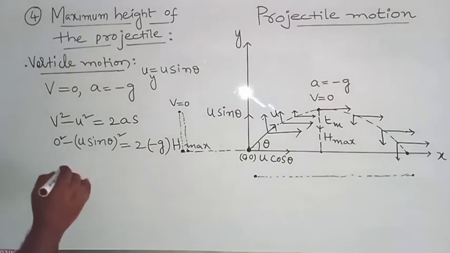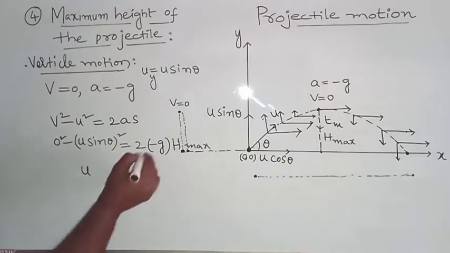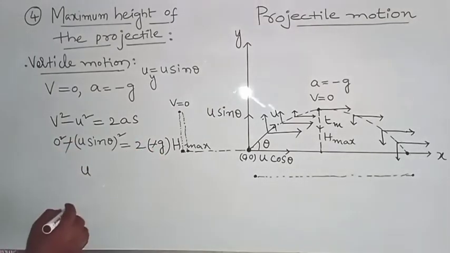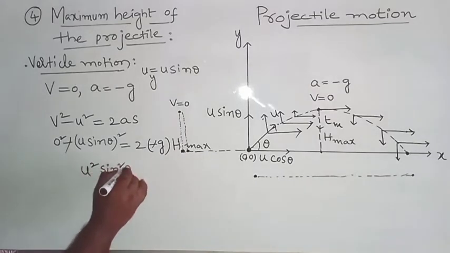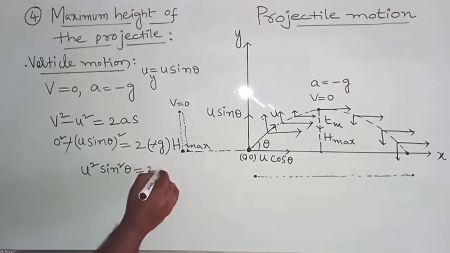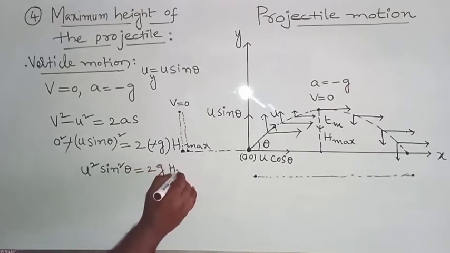Now simplify this equation. Here minus minus gets cancelled on both sides. U square sin square theta equals 2g H maximum.